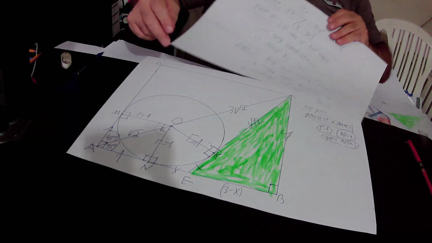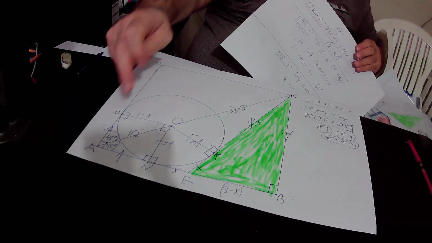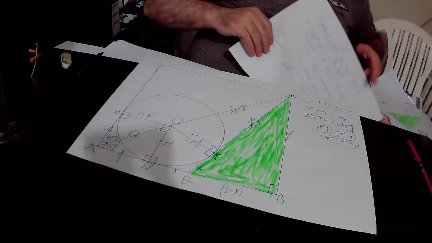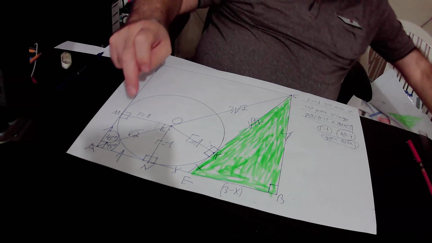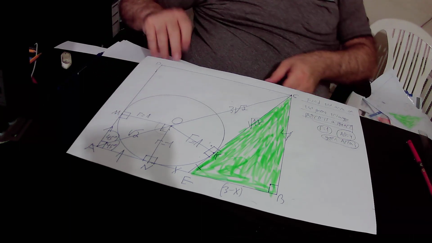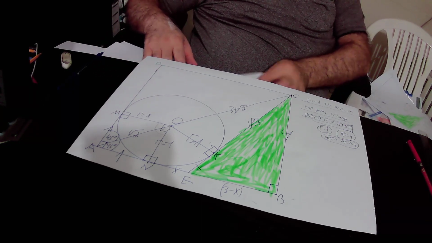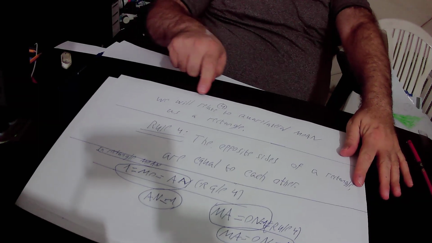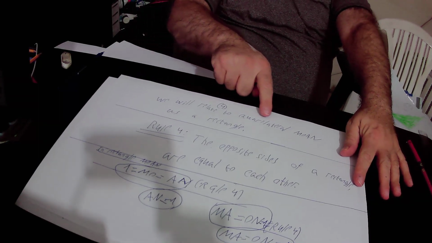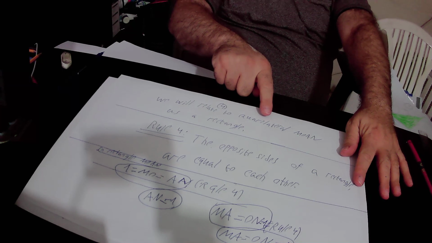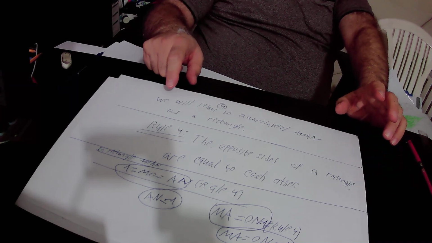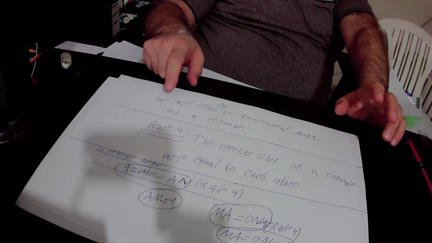So here, quadrilateral MOAN that has four right angles must be at least a rectangle, so we will relate to quadrilateral MOAN as a rectangle, according to rule number 3.